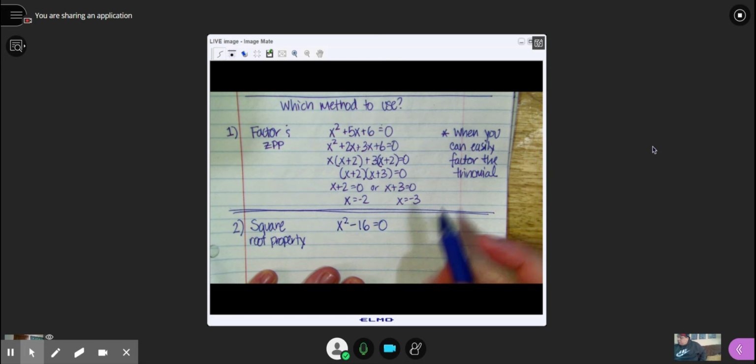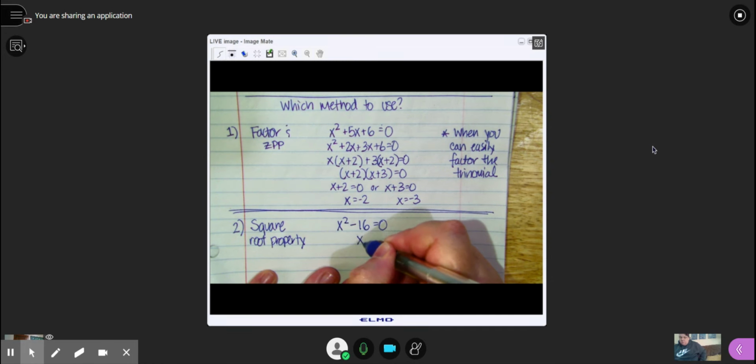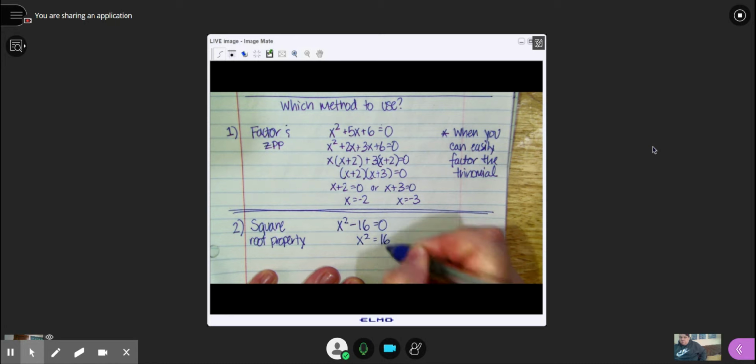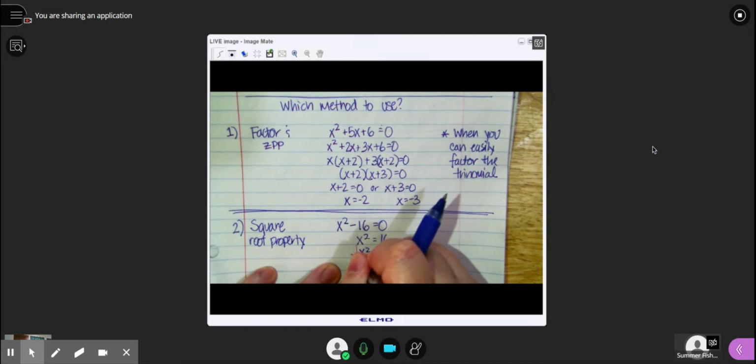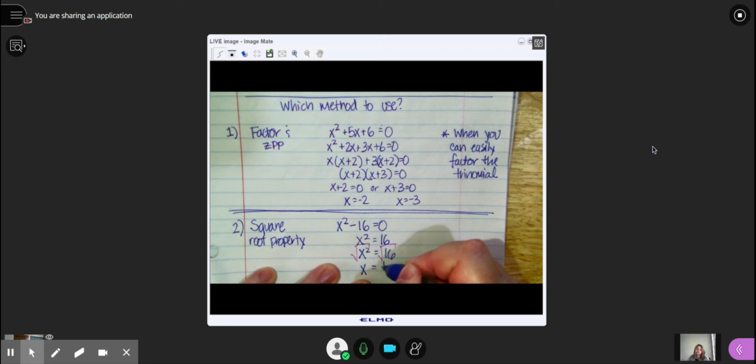And then what we did is we simply added 16 to both sides and then took the square root. So that our x would have to equal positive or negative 4.